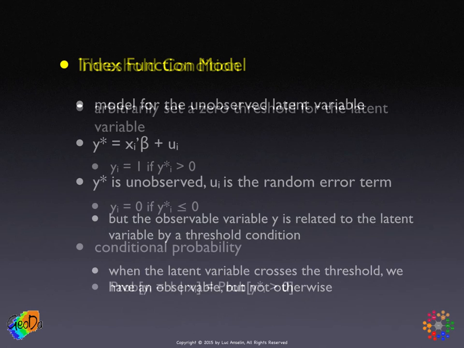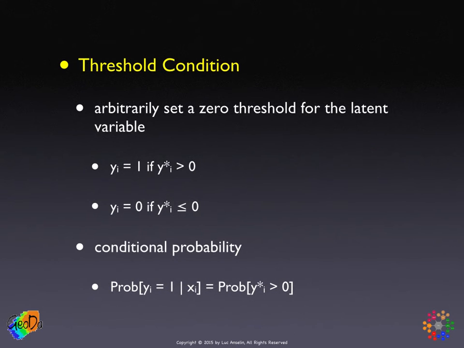So then formally, we can spell out this threshold condition arbitrarily at 0, and we'll see in a little bit why that is okay. So we set, if the latent variable is positive, we equate that with observing a 1, and when the latent variable is not positive, negative or 0, we don't observe anything.